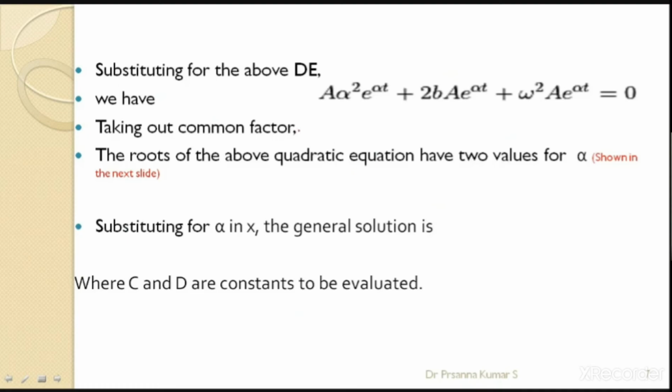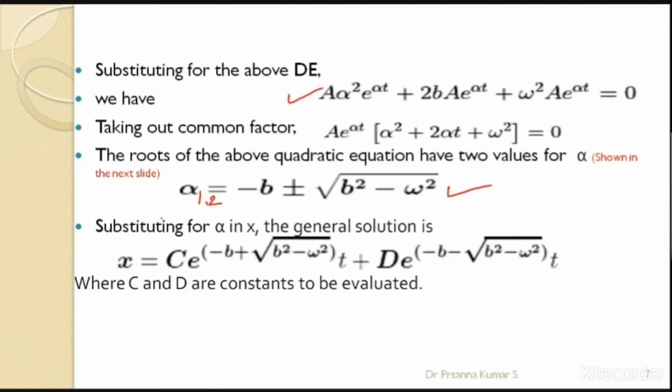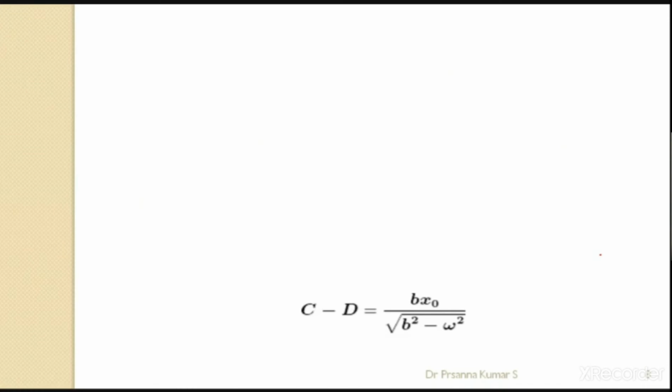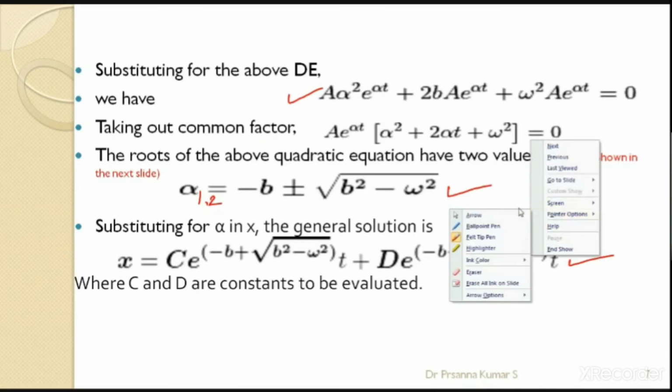I already explained this. Taking the common factor, this is the alpha, so this is 1 and 2. Already seen that, the general solution. This is what we got, where c and d are constants that need to be evaluated. So now we will evaluate the constants. How to evaluate these constants? I'll show you.